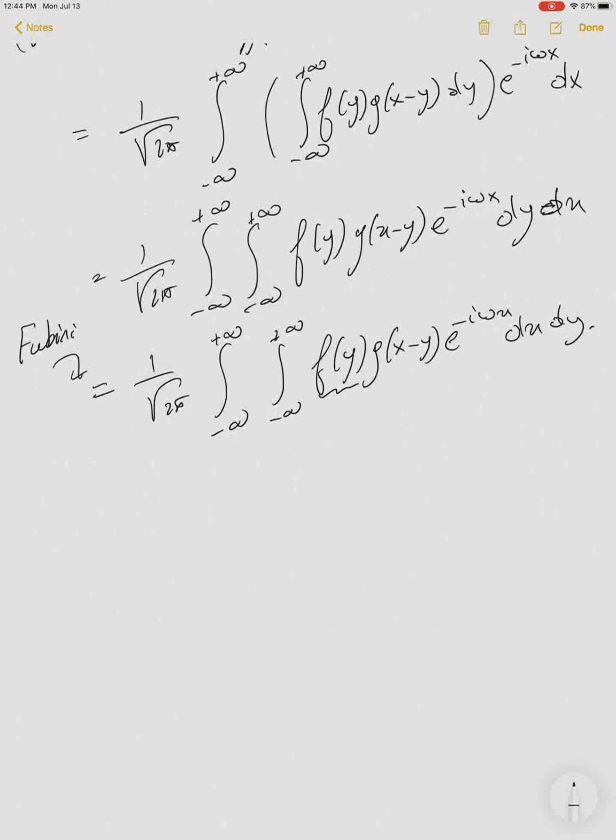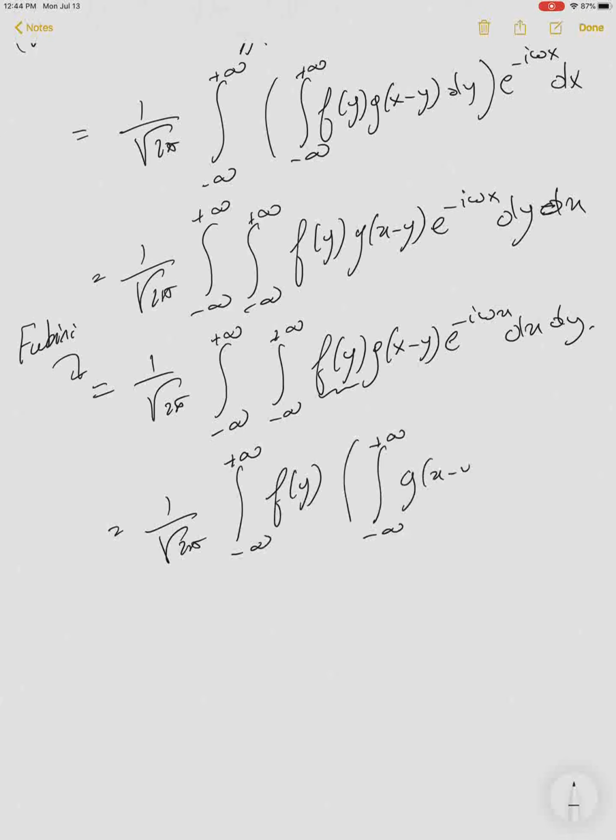Now this thing here is independent of y. So this is 1 over square root of 2 pi, integral from minus infinity to positive infinity, f of y times integral from minus infinity to positive infinity, g of x minus y e to the minus i omega x dx dy.